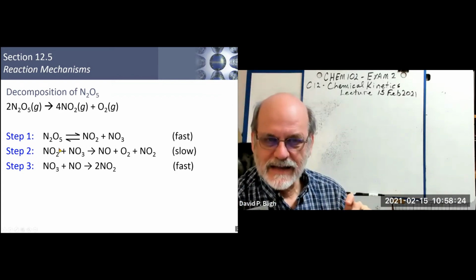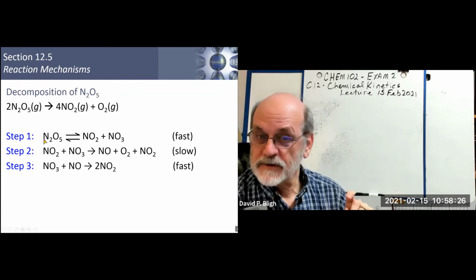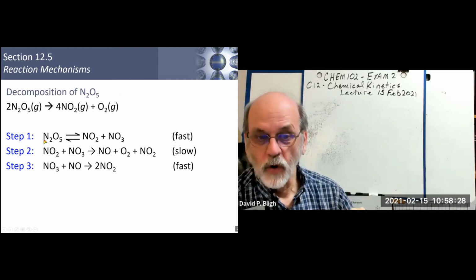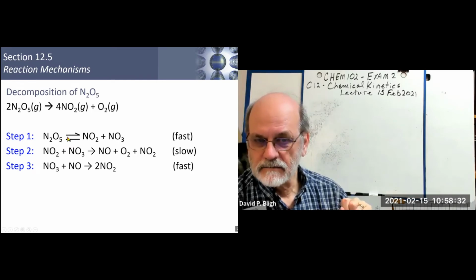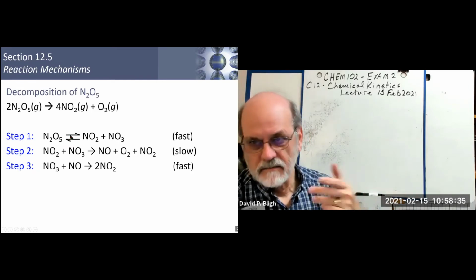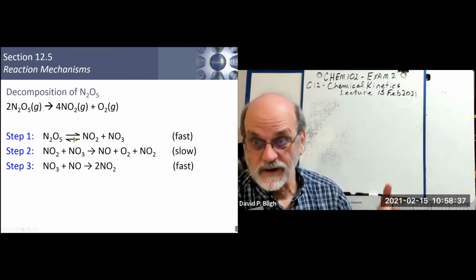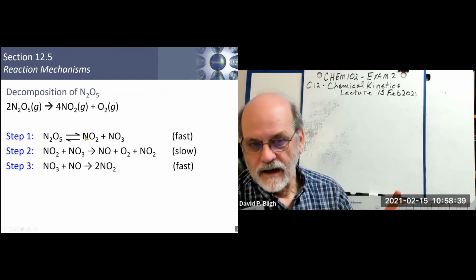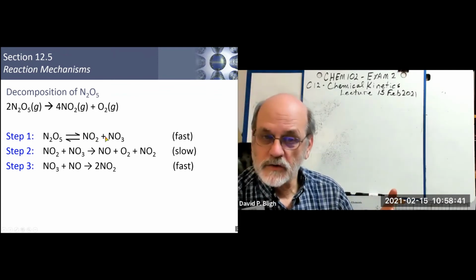And what we're saying is that this first step is very fast. You take 1 N2O5 and it has a forward and reverse rate, because it's really fast, of producing NO2 and NO3.